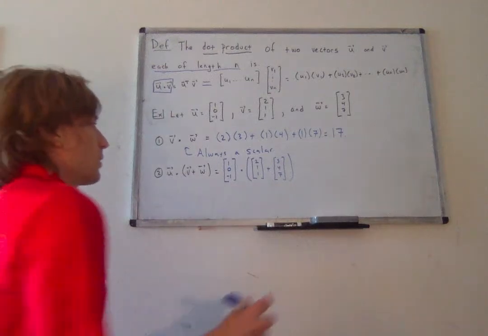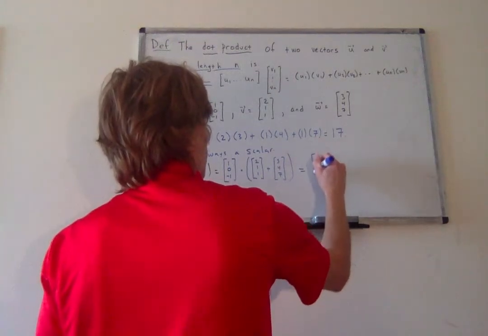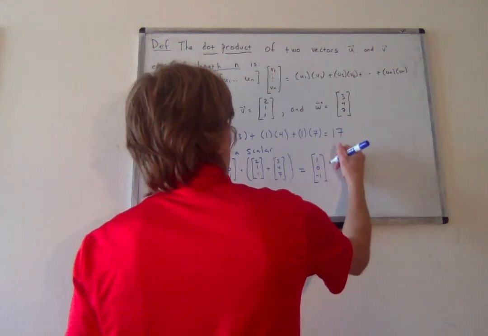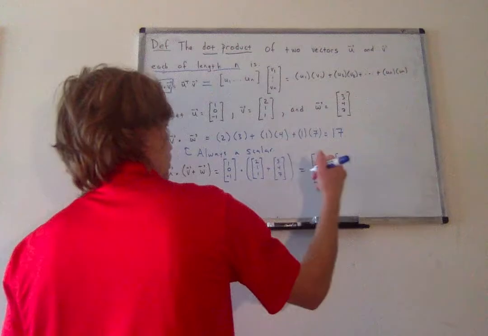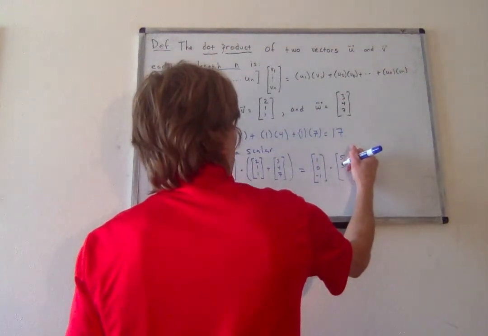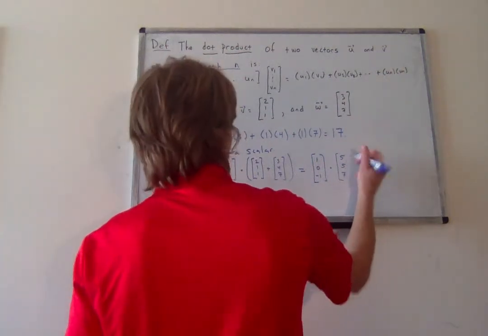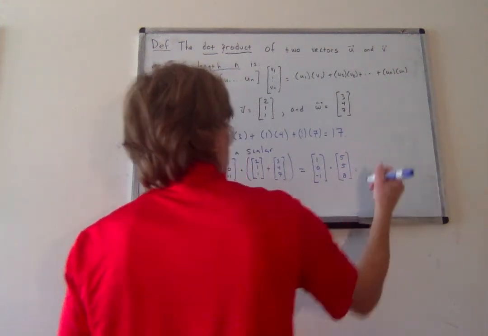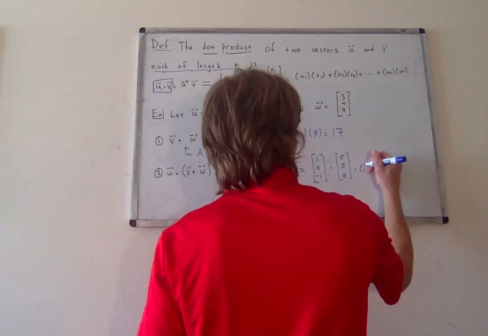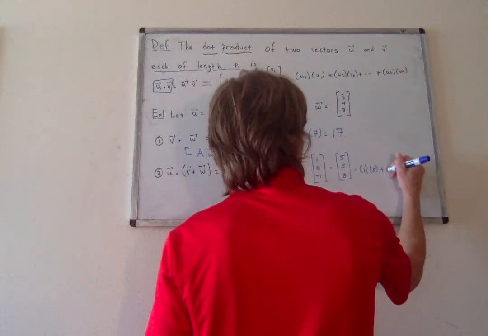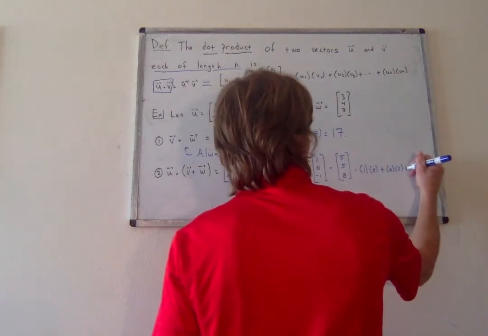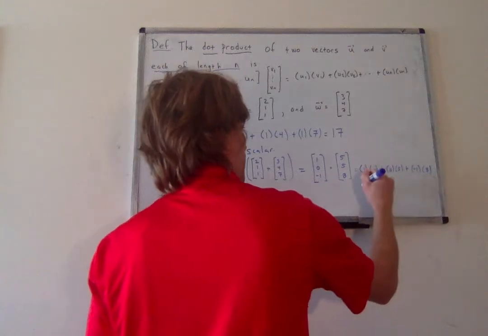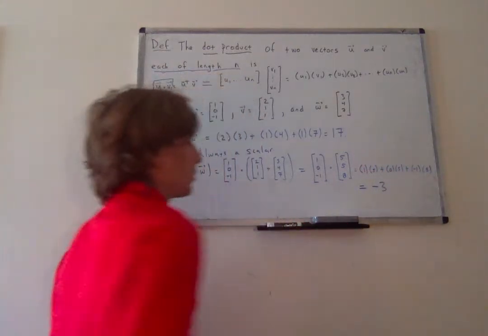And so I'll add these 2 vectors first. 1, 0, negative 1, dot the sum of these 2 vectors, which is 5, 5, 8, excuse me. And so this is equal to, well, we match up the entries now, 1 times 5 plus 0 times 5 plus negative 1 times 8. So this is 5 plus 0 minus 8 equal to negative 3.